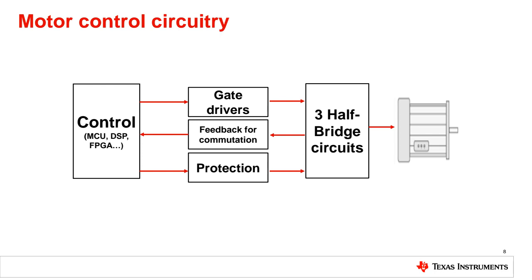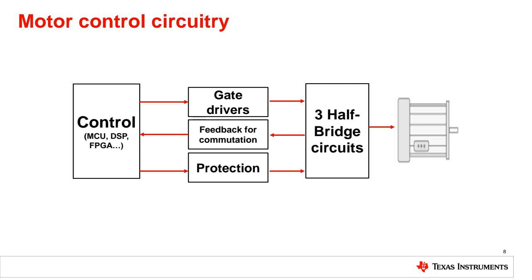The modules include a control block, three half-bridge circuits that apply power directly to the motor, and the gate drivers that allow the control block to interface with the half-bridge circuits. I told you, in DC motor control, we are using two half-bridge circuits.